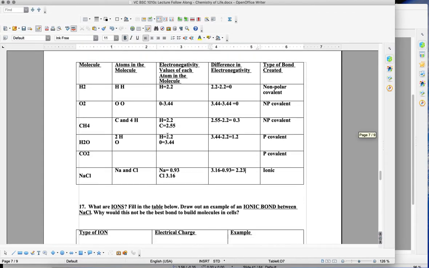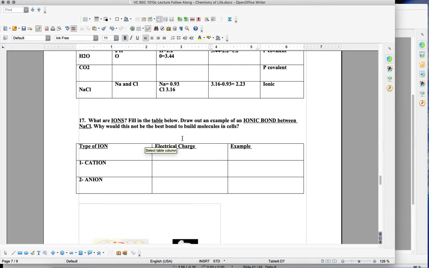Okay, so let's go here. What are ions? Then fill in the table below, and then draw out the example of an ionic bond between NaCl. Why would this not be the best to build molecules and cells? We'll talk about that in a second.